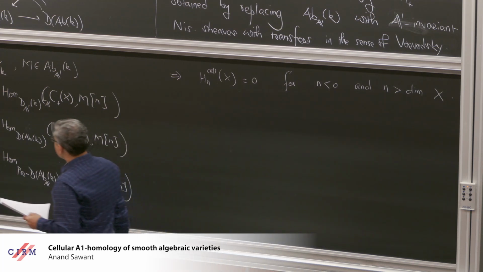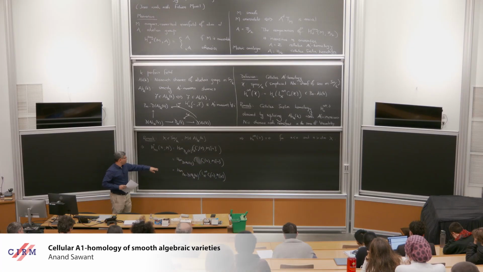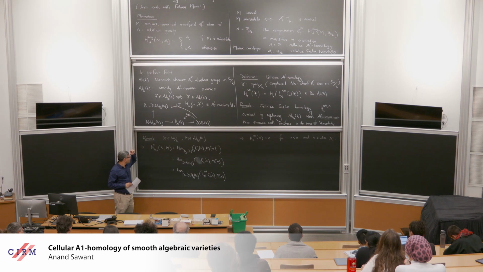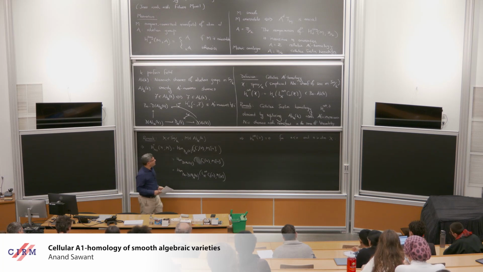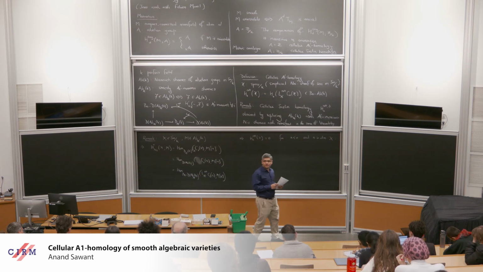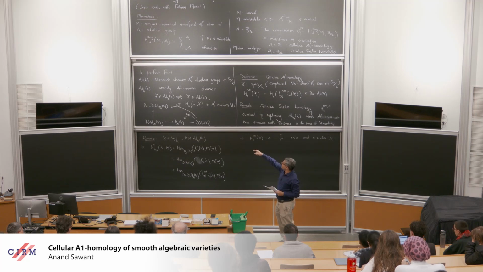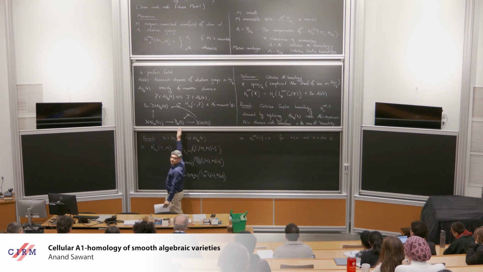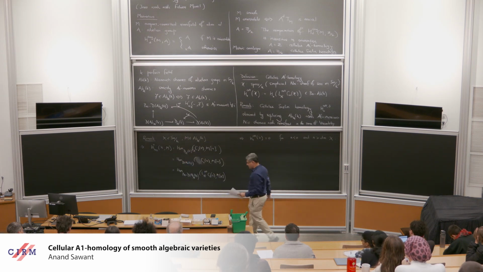Okay, so of course you can ask, why does this not work for any Nisnevich sheaf of abelian groups? That's because of the existence of the Rost-Schmid complex only for strictly A1 invariant sheaves, which is why you have this kind of vanishing only for coefficients in strictly A1 invariant sheaves, and hence the idea is to do all the computations over here and not over here.